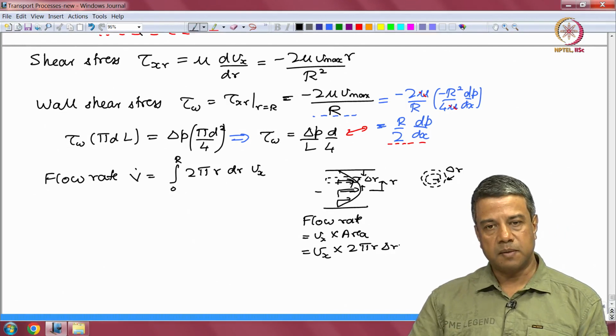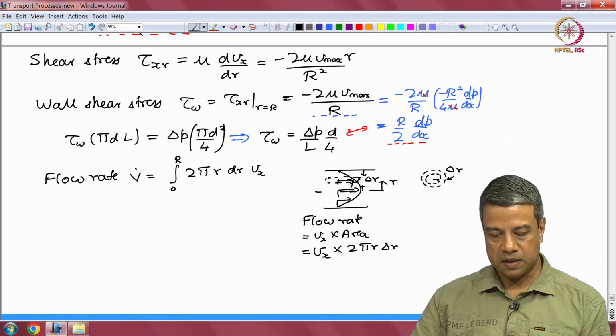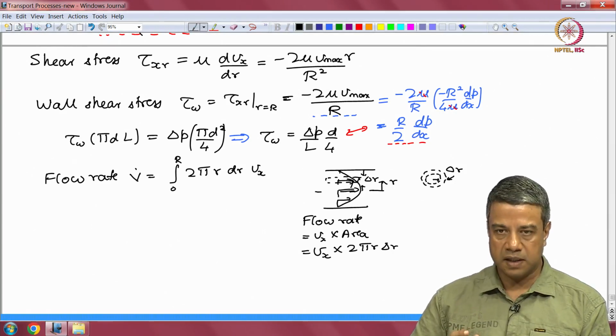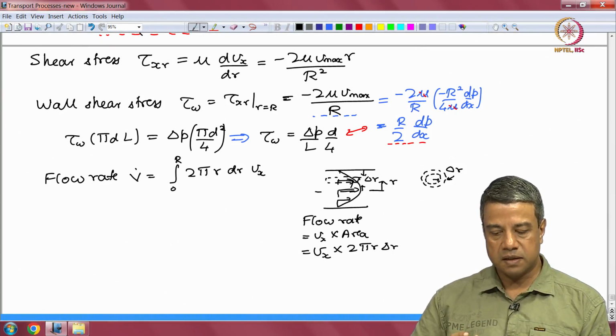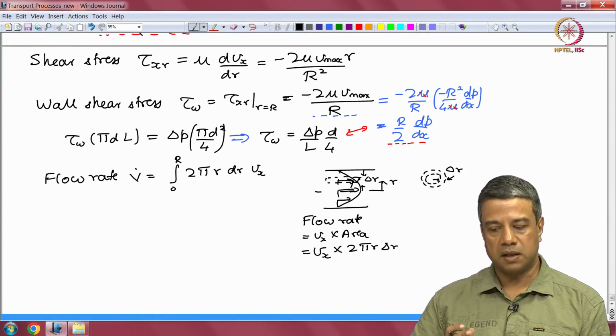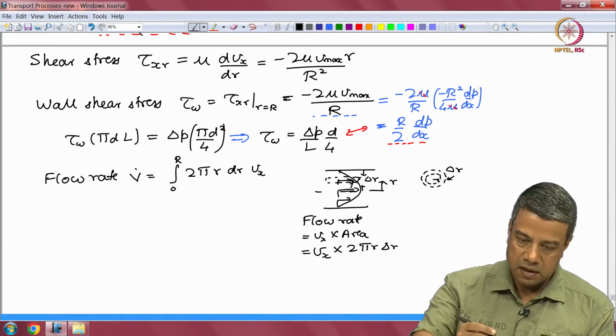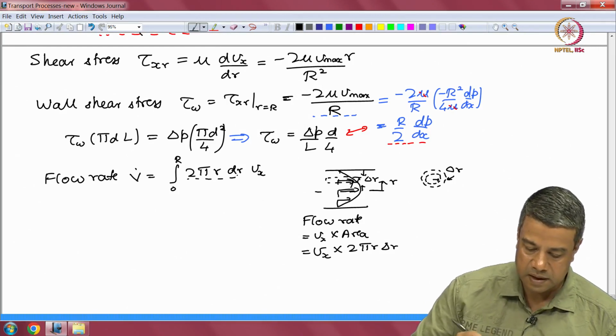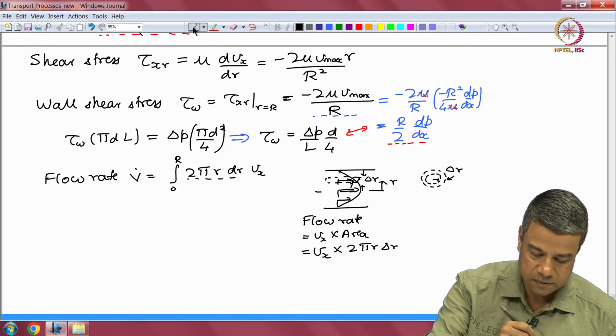Therefore, the flow rate, which is Vx times the perpendicular area, is Vx into the perimeter 2 pi r into delta r. In terms of differentials, Vx into 2 pi r dr is the flow rate.